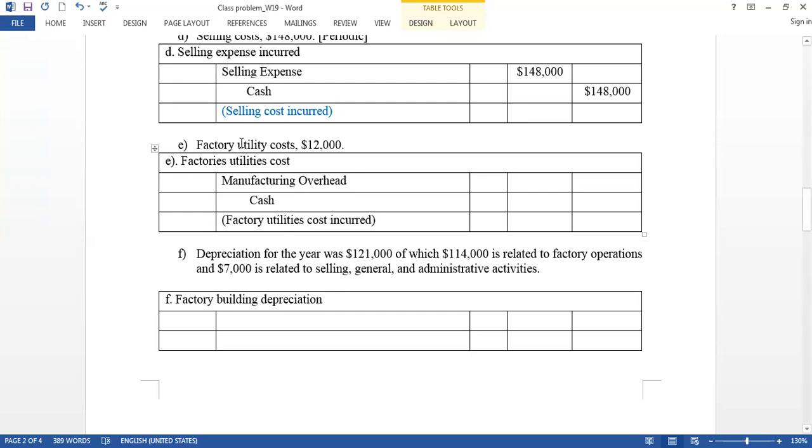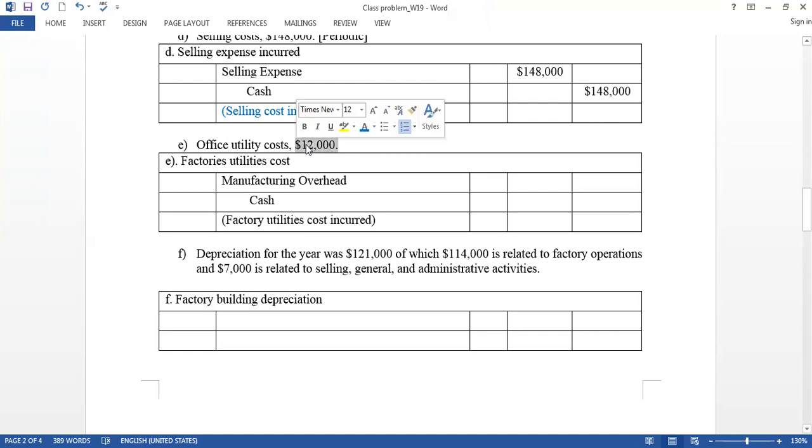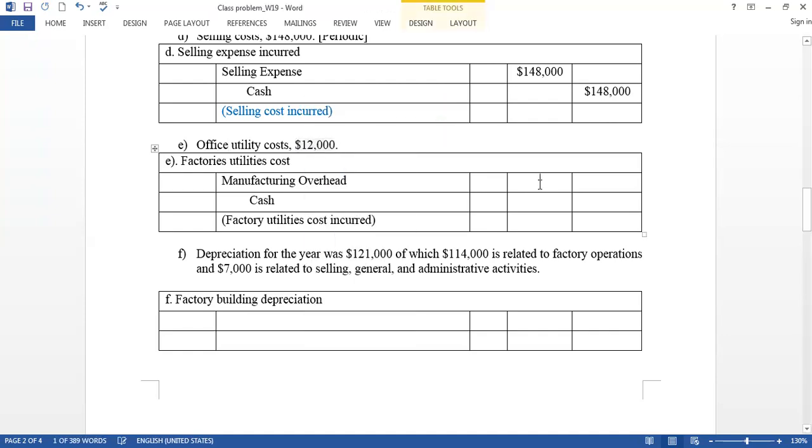If this question is about office utilities cost $12,000, what is the journal?